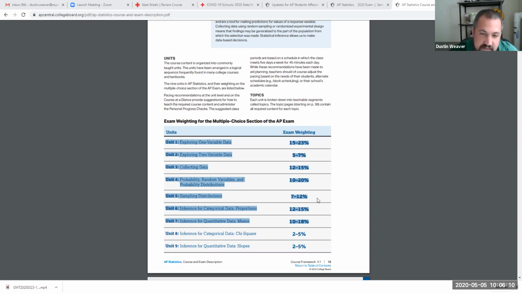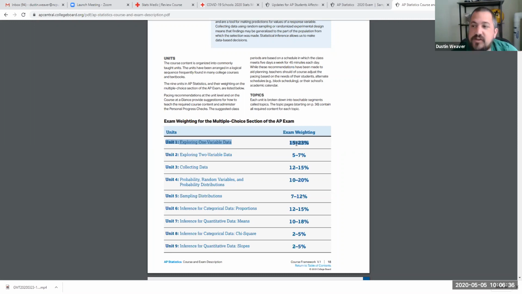If you add those 2 together, that's between 22 and 33% of the course, so that's a large section. Probability is a large section, and luckily even Unit 1, which we hope will be the easiest, is a large section of the course as well.